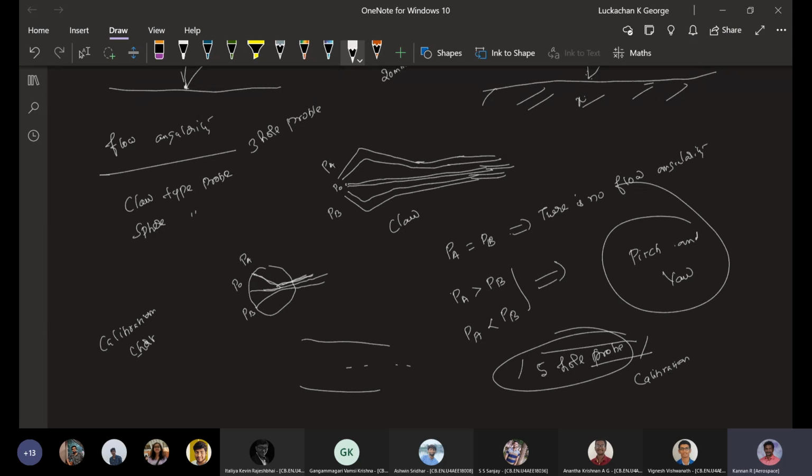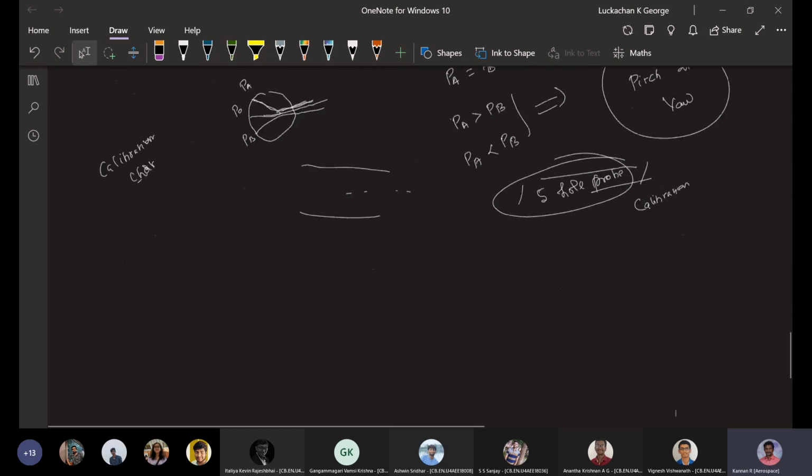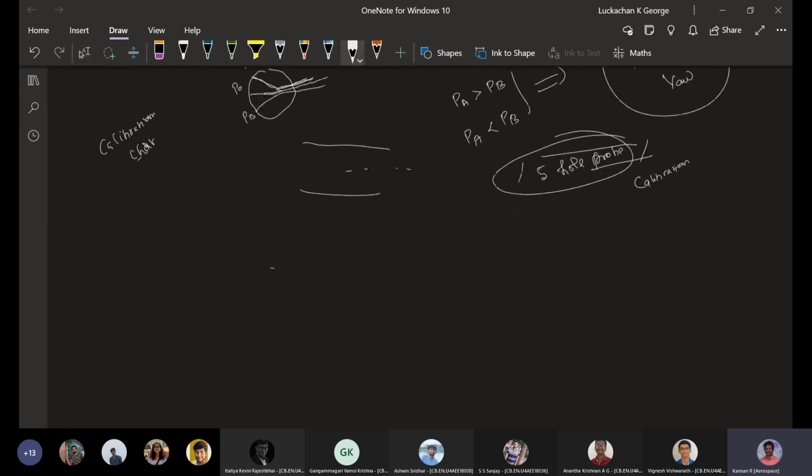Even you have a 7-hole probe, what we call an Omni probe. The calibration and all is going to be even more tedious for this one. With the 5-hole probe, you can measure your flow angularity.